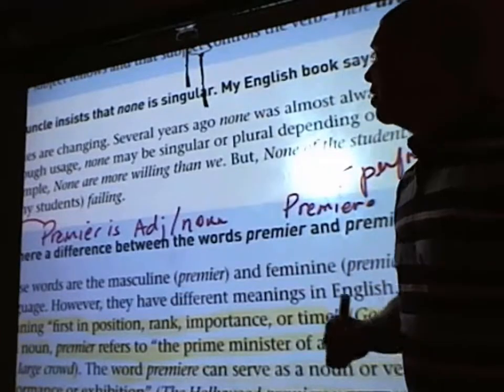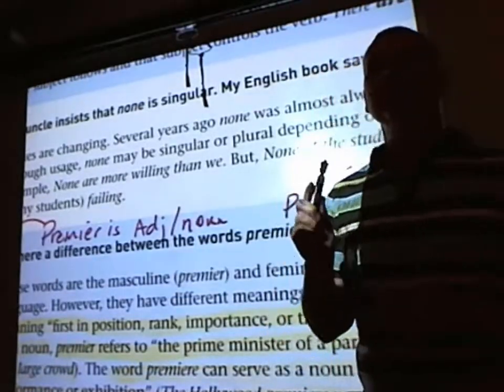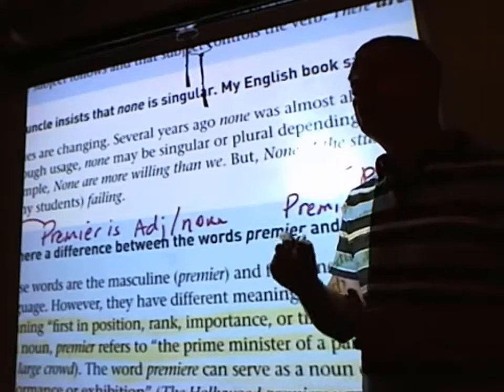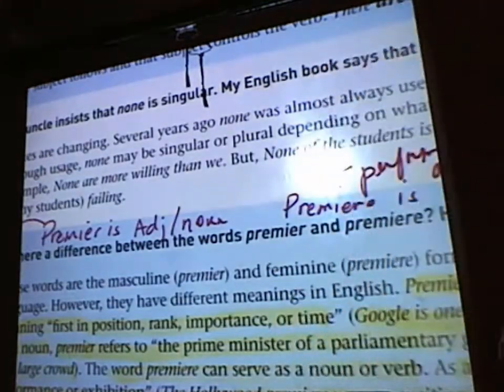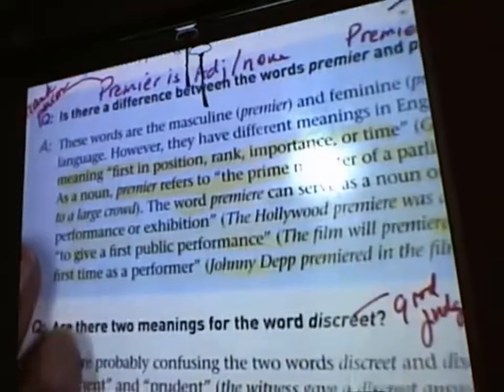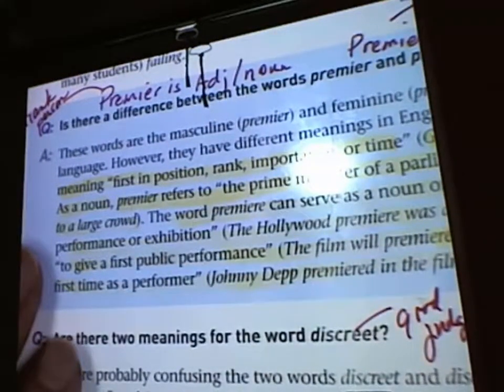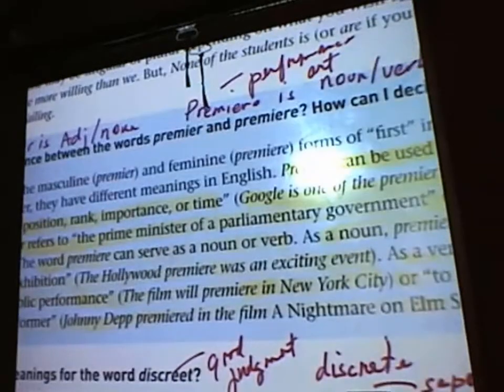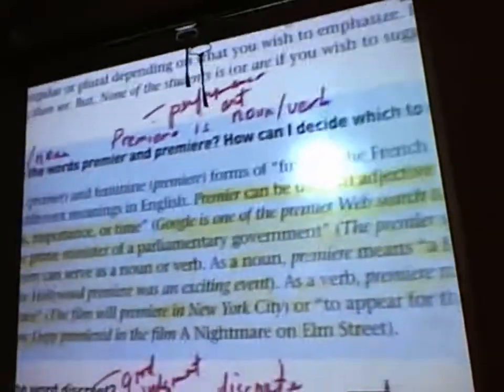Is there a difference between the words premier without an E and premiere with an E? How can I decide which to use? Okay, first of all, premier without an E can be an adjective or a noun, and premiere with an E can be a noun or a verb.